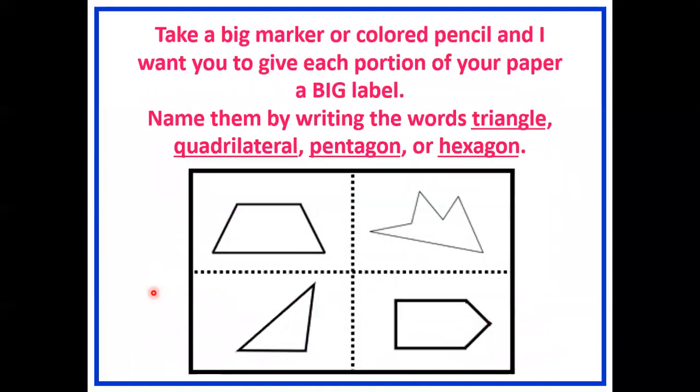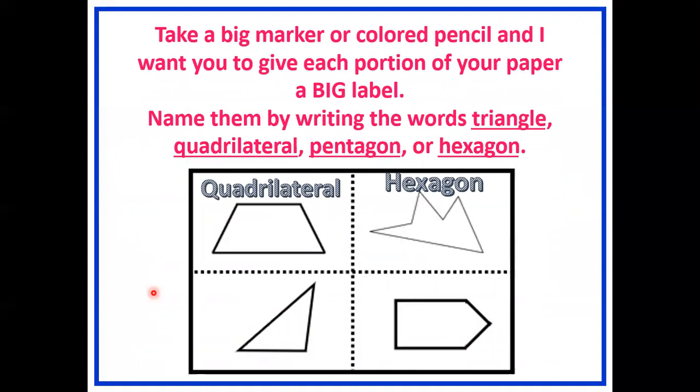Now, I want you to take a big marker or a colored pencil. I want you to give each portion of your paper a big label. Write the word or write its name as big as you can in that box, okay? Sometimes I know that we like you to write small, but I want you to write it big, just like this. We've got our quadrilateral.